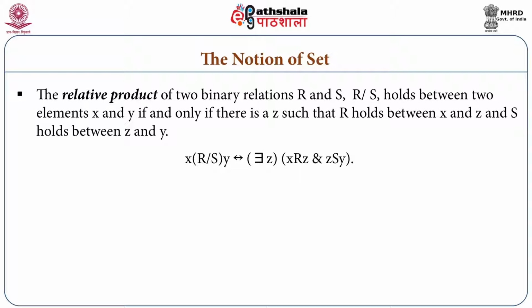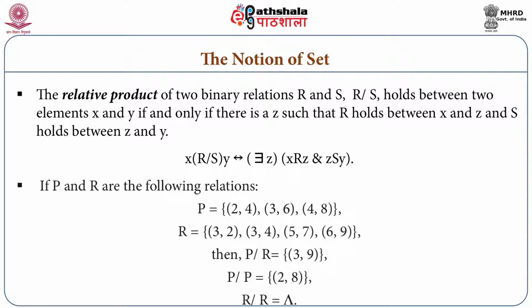Let us look at the example. Suppose there are two relations, P and R, with P having these ordered pairs: (2, 4), (3, 6), (4, 6). Another relation R has members (3, 2), (3, 4), (5, 7), (6, 9).